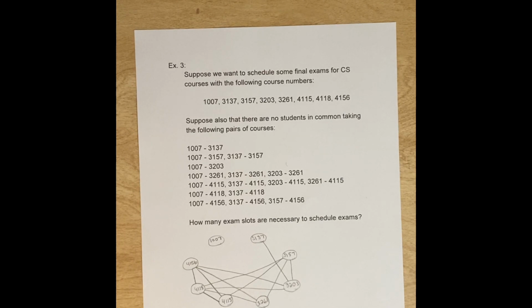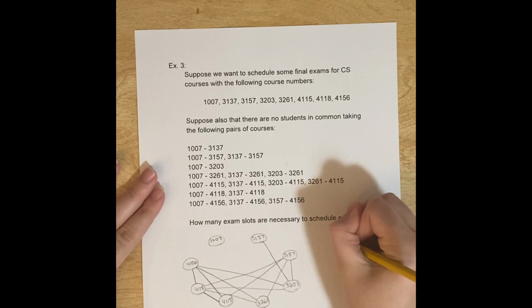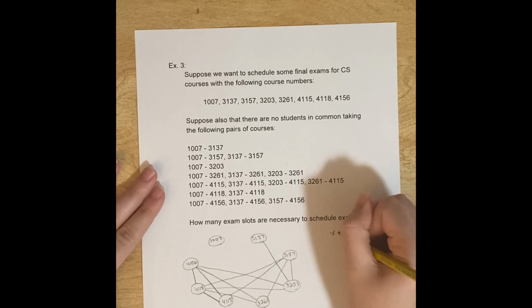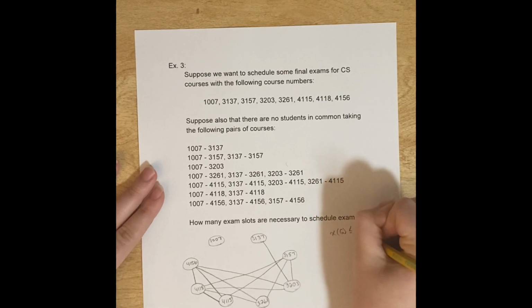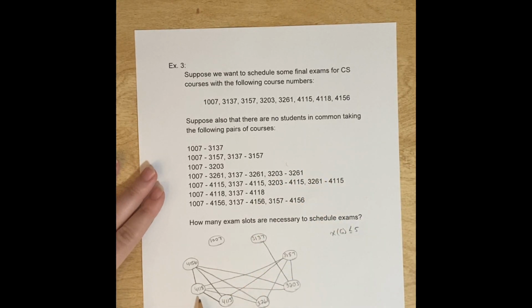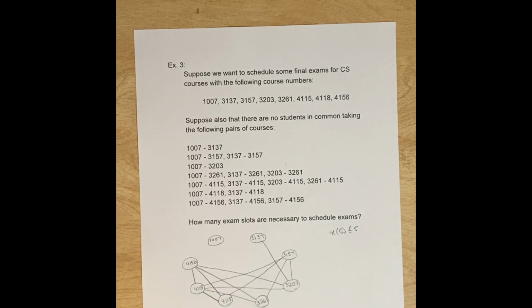And so we know by Brooks' theorem that the chromatic number is going to be less than or equal to the largest degree of any vertex. So therefore we know that the chromatic number is less than or equal to 5. As we can see here with 4118, it has the largest degree of any vertex. It has 5 edges coming off of it.